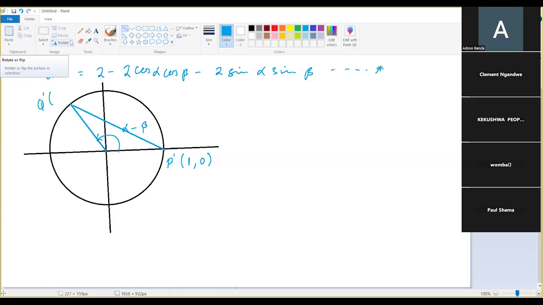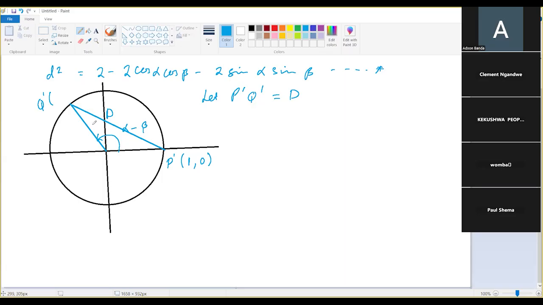It's the same triangle, but moved in such a way that the point P comes to P prime, and the angle remains the same, which is alpha minus beta. And then we can call this distance D. So P prime to Q prime is equal to D.